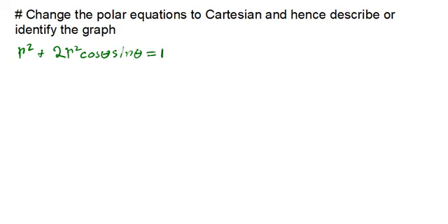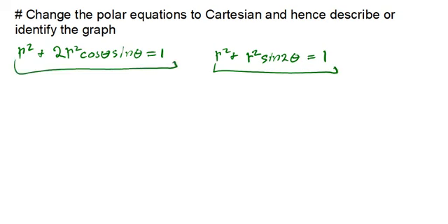This can also be written as r squared plus r squared sin 2 theta is equal to 1. It's one and the same thing. It's just a trig identity: sin 2 theta is equal to 2 cos theta sin theta, or 2 sin theta cos theta, meaning one and the same thing.